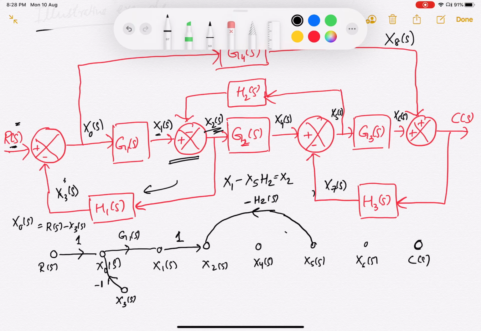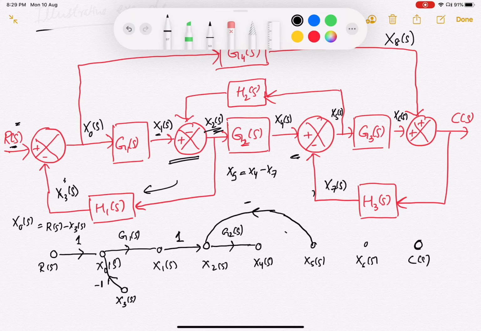Then this X2S gets processed again. It gets multiplied with G2S, and you get X4S here, right? And this X4S again, now you have another summing junction. So let us look at this summing junction that you have here now. So here you have basically the output is X5, right? And X5 is equal to X4 minus X7, right?